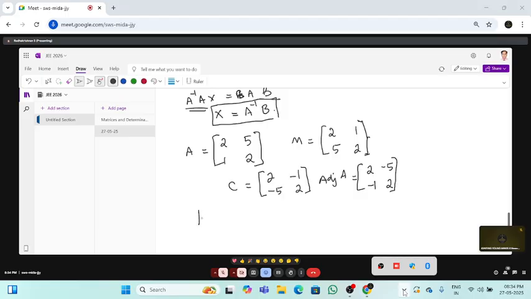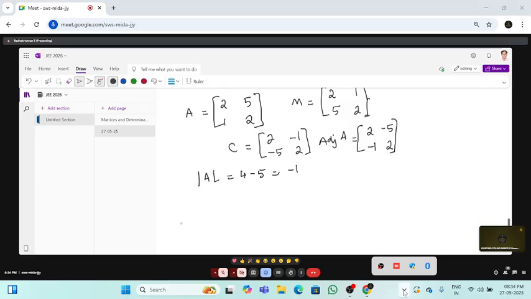Determinant of A is 2 into 2, 4, minus 5. Therefore, inverse of A equals 1 by determinant of A into adjoint.